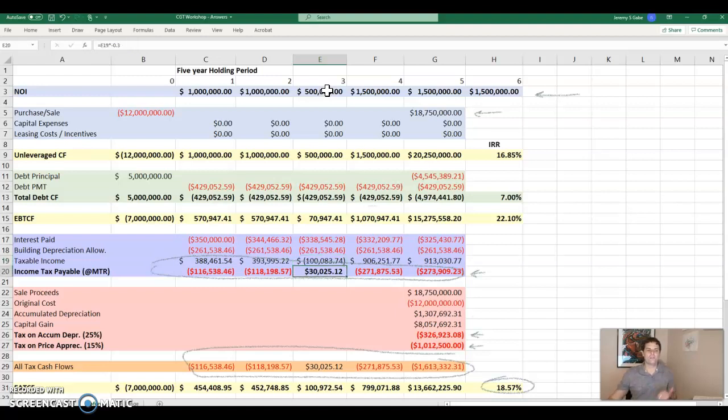I can multiply that by my marginal tax rate on that other income, and I suddenly have $30,000 of positive cash flow as a result of sheltering $100,000 of my other income from the tax that I would owe on it otherwise. So this is called a tax loss or a tax shelter, and it becomes a positive cash flow. Again, assuming I have the income in which to take advantage of that shelter.